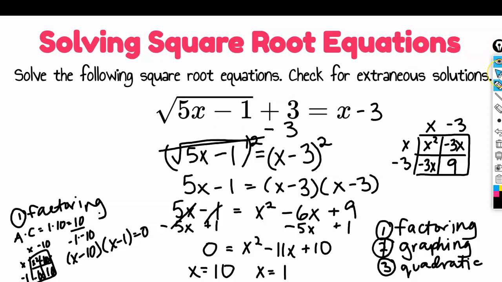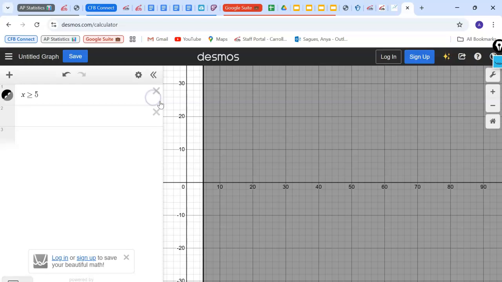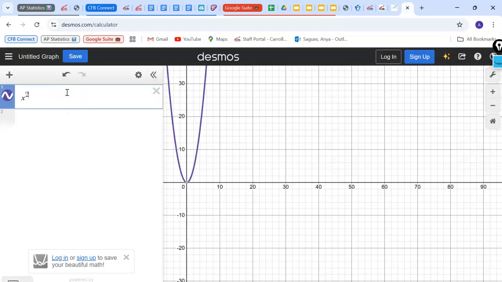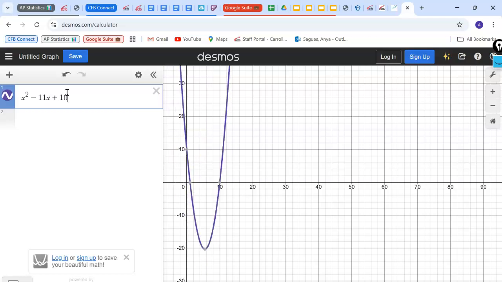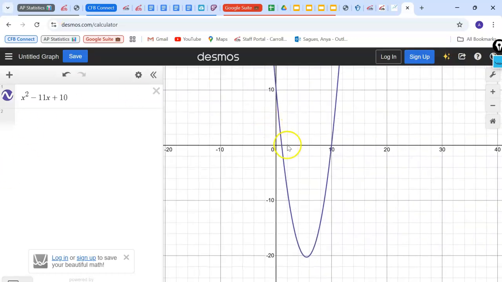The other way of doing it would be graphing. So really quickly, we hop on over to Desmos. So I've got x squared minus 11x plus 10. All right, remember that when I'm graphing, they are just my x-intercepts.